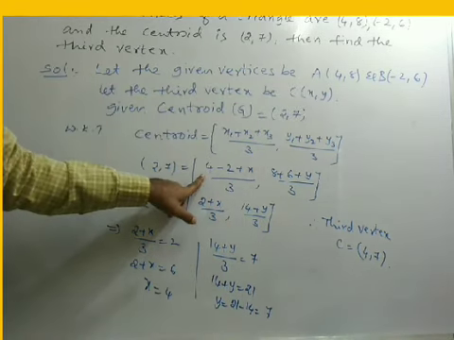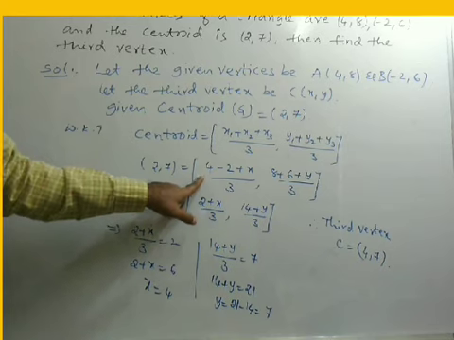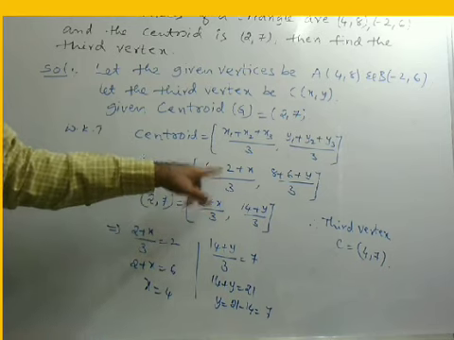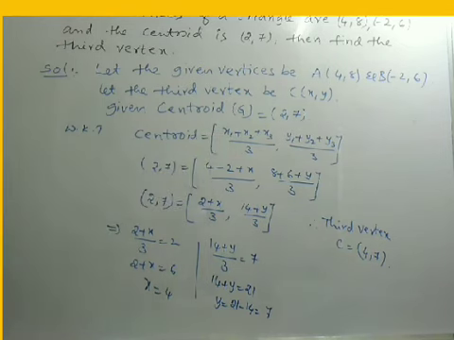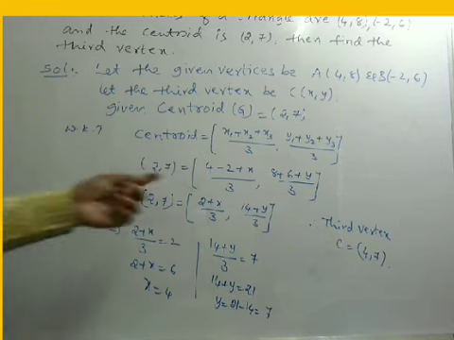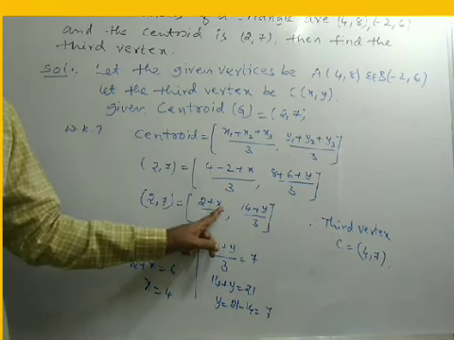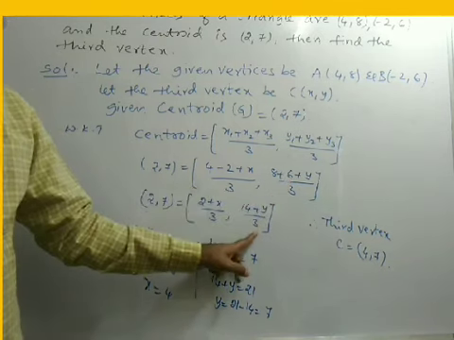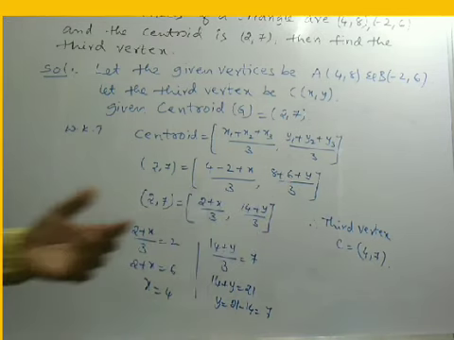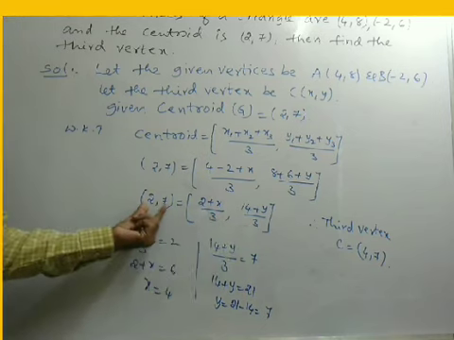So (4 - 2 + x)/3, comma, similarly for y coordinates (8 + 6 + y)/3. Now 4 minus 2 is 2, so (2 + x)/3, and 8 plus 6 is 14, so (14 + y)/3, which equals (2, 7).